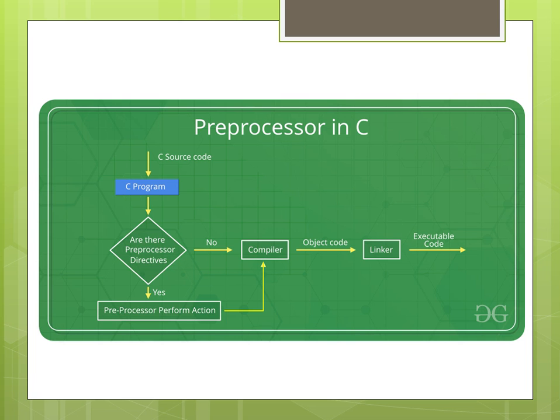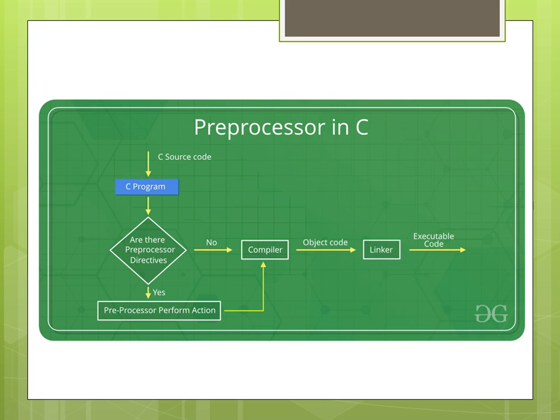If you see, the statements that are written before the void main, that is, anything we write with a hashtag, are what we call preprocessor directives. Before actually giving these statements to the compiler, these statements are pre-processed and some action is performed.